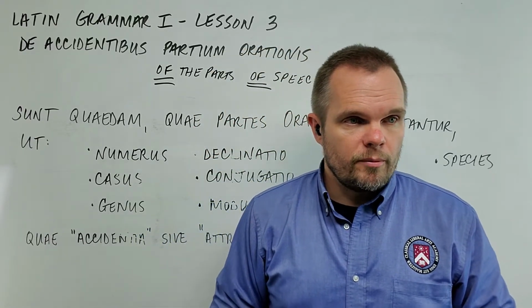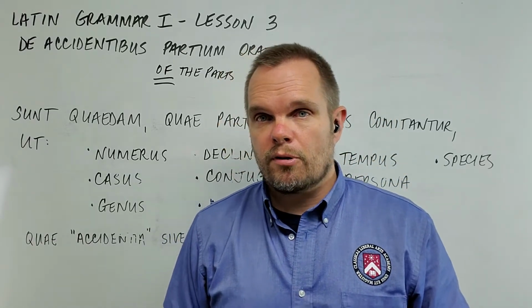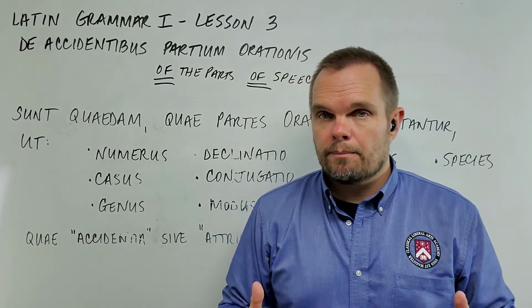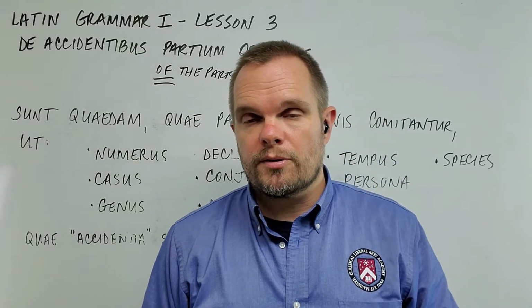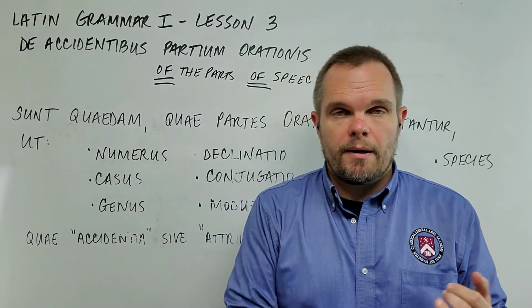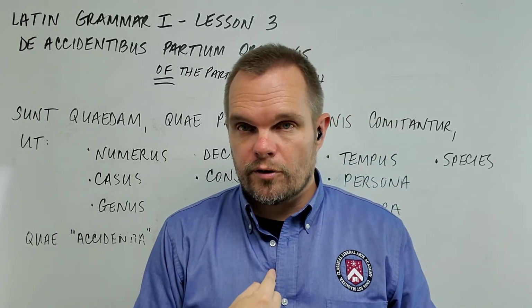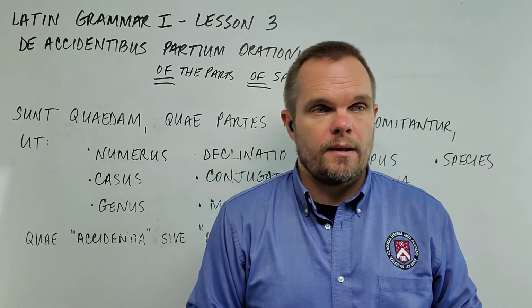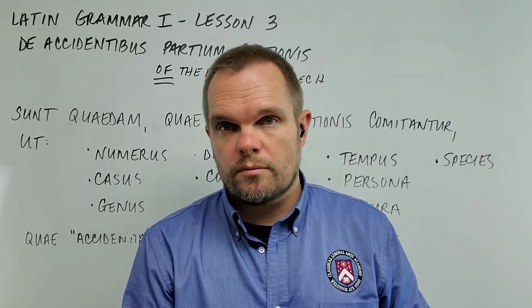Personae pronominum sunt tres. The persons of pronouns are 3. So how many persons are there? If we're speaking of pronouns, there are 3 persons. Prima, ego, first, I. Secunda, the second person, tu, you.